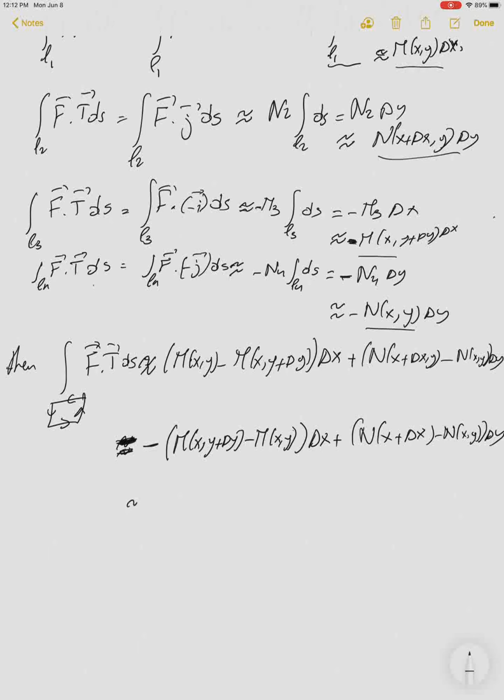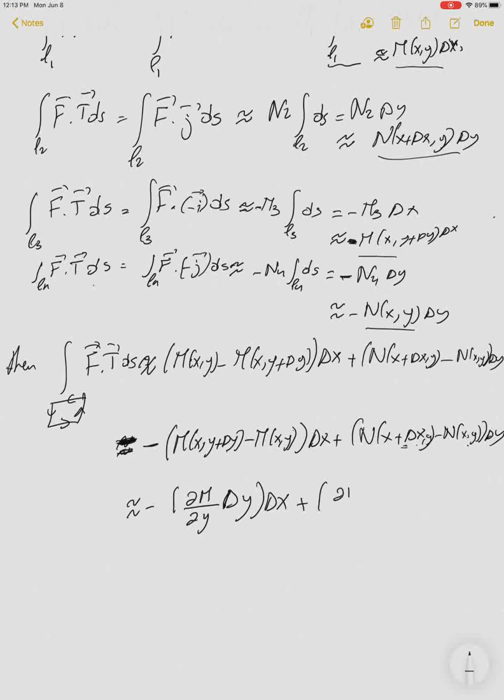Now this is approximately minus. Here I'm fixing my x and I'm changing my y. So this is approximately the derivative of m with respect to y times how much my y changed, times delta y. And all this times delta x plus. What about here? I'm varying my x here, and I'm fixing my y.